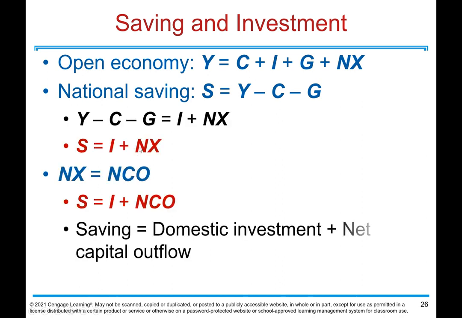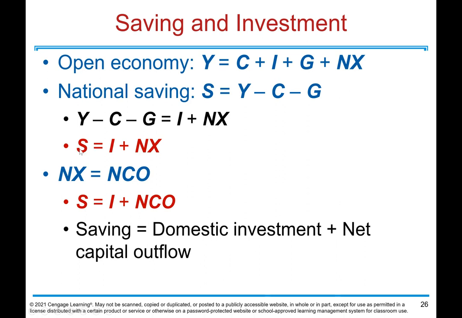Savings and investment. Open economy: Y equals C plus I plus G plus NX. National savings, S, is equal to Y minus C minus G. So Y minus C minus G is equal to I plus NX.